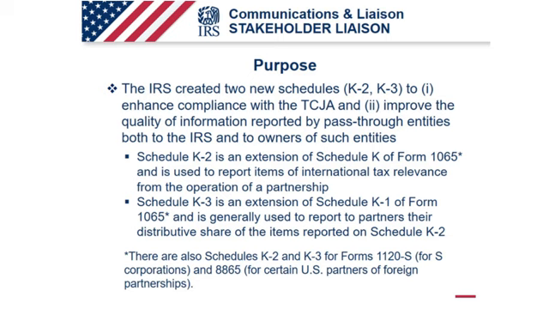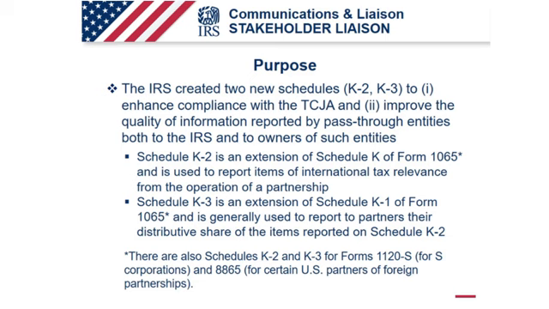Prior versions of the Schedules K and K-1 did not require any specific format to provide the international tax information, resulting in what could be described as a confusing array of statements attached to the Schedule K and K-1.